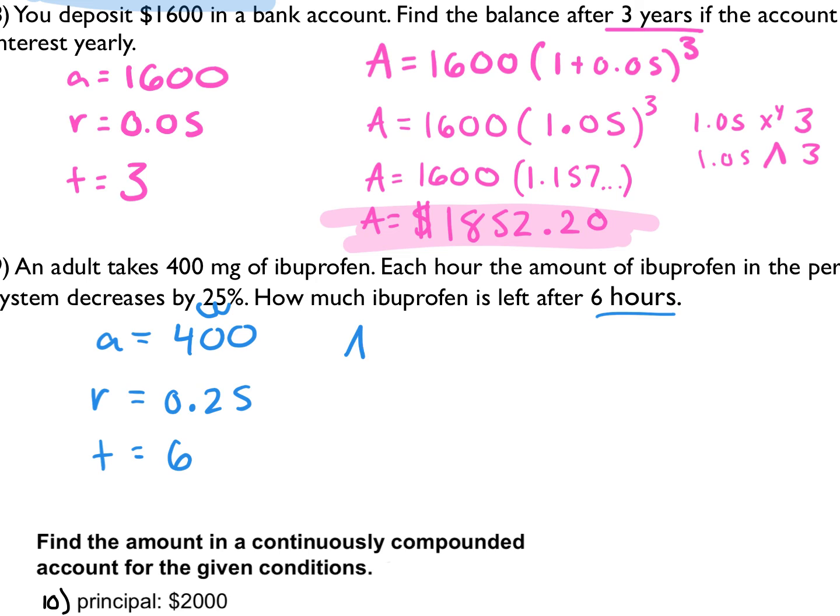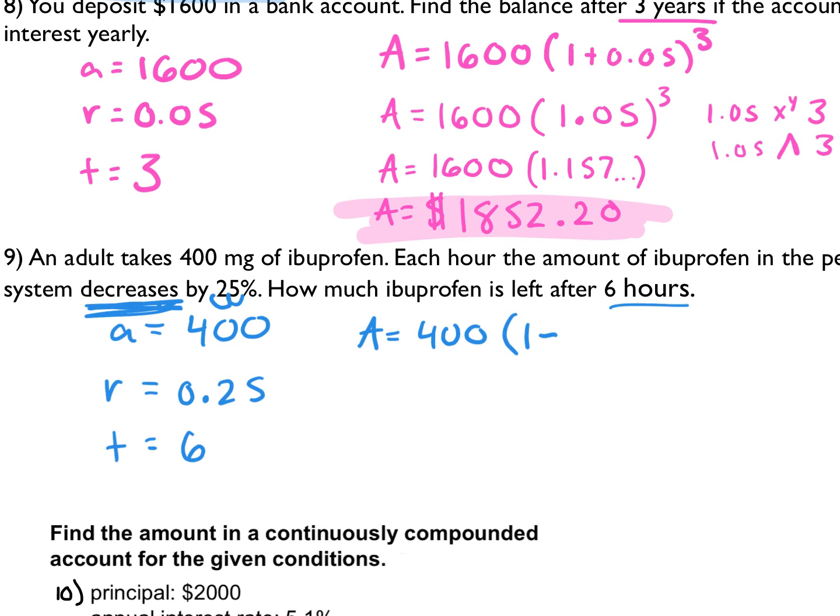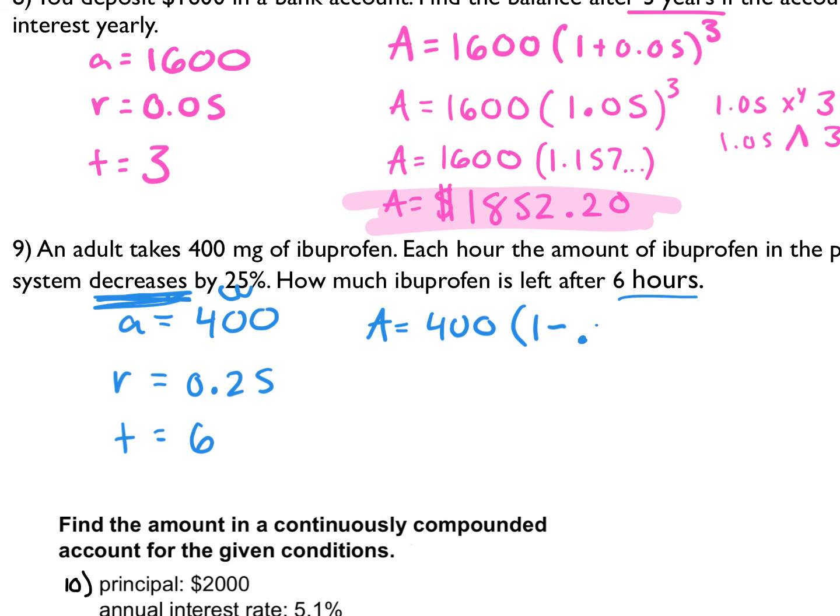So we plug everything in. We have A is equal to 400 times, and the only difference is, for this one, it says decreases, so instead of 1 plus, we do 1 minus our rate. So 1 minus 0.25 to the power of 6.